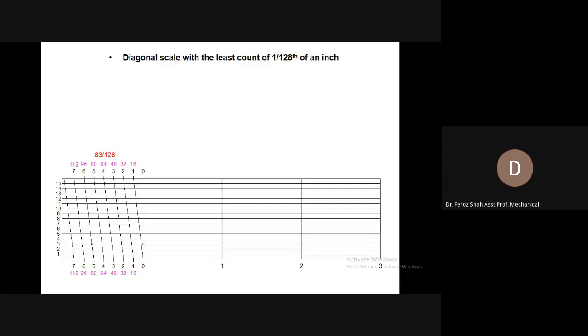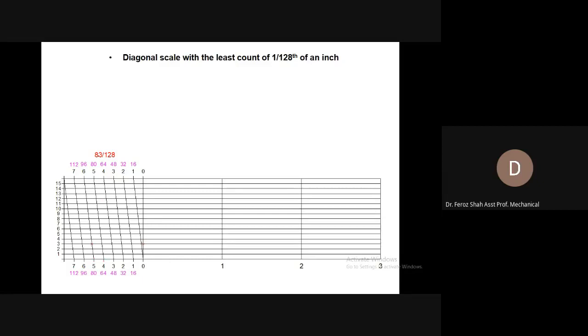You can see that each division is 1 by 16 or 16 by 128. So the two divisions would be 32 by 128, 48 by 128, 64 by 128, 80 by 128.